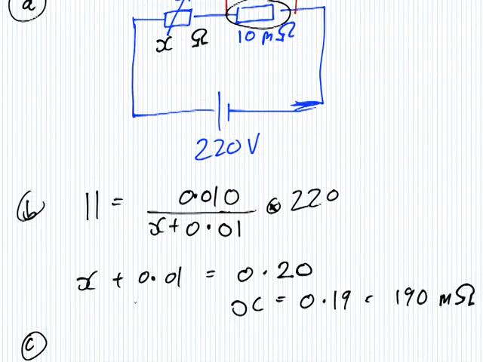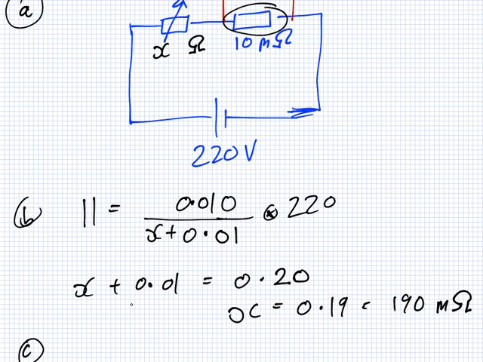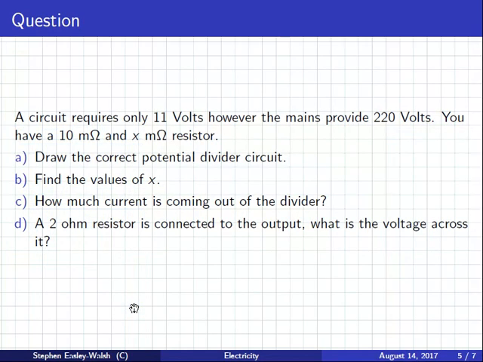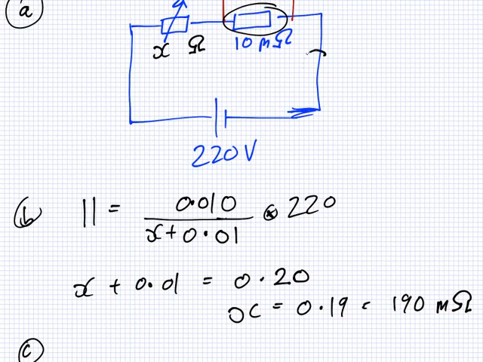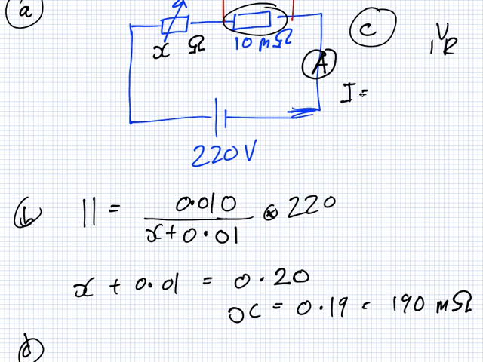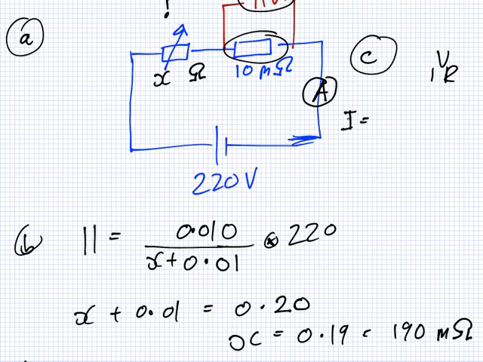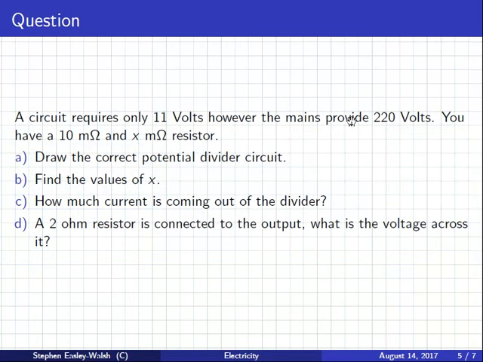Okay. Now, I suppose this is the next part. What's the current? And then on to the interesting part, the current. Let's imagine we put an ammeter here. This is for part C. Well, we have V equals I times R, so I equals V over R. Now, do we know the V? Well, it depends where we're looking. I want to know what is the current.